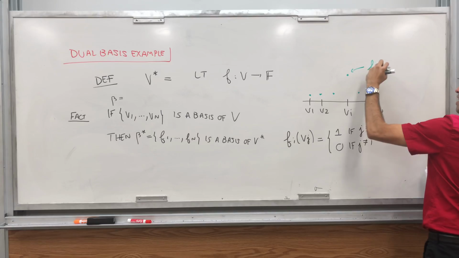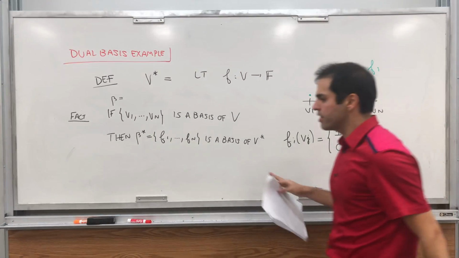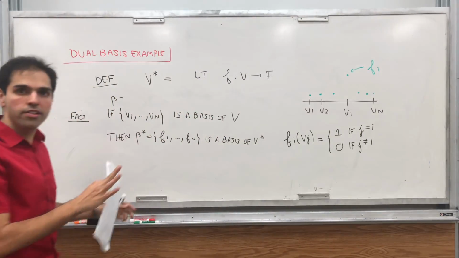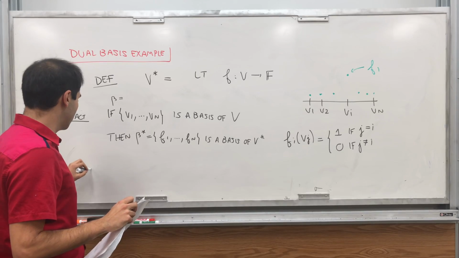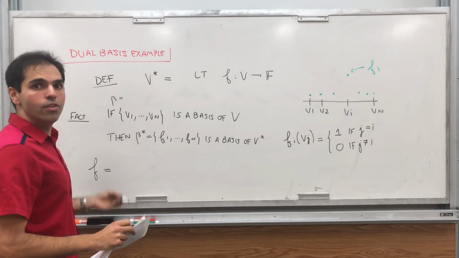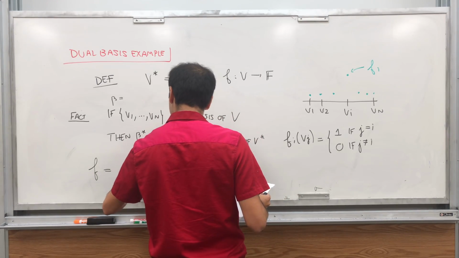So this is fi. And we have shown in a previous video that those vectors form a building block for V star. And in fact, it is this beautiful formula that for any f, we can easily decompose it in terms of the fi's.